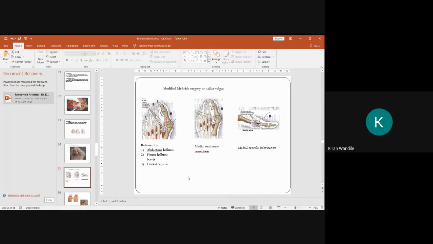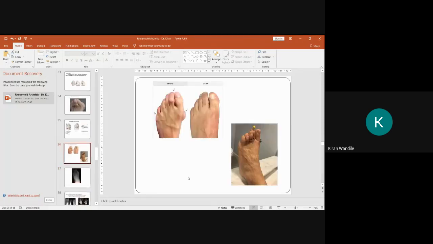On the second photograph, you can see there is a resection of the medial eminence, and once the medial eminence is resected, there is an imbrication of the medial capsule. Imbrication of the medial capsule is done to provide tightness over the medial aspect so that it doesn't again go towards the other toes.